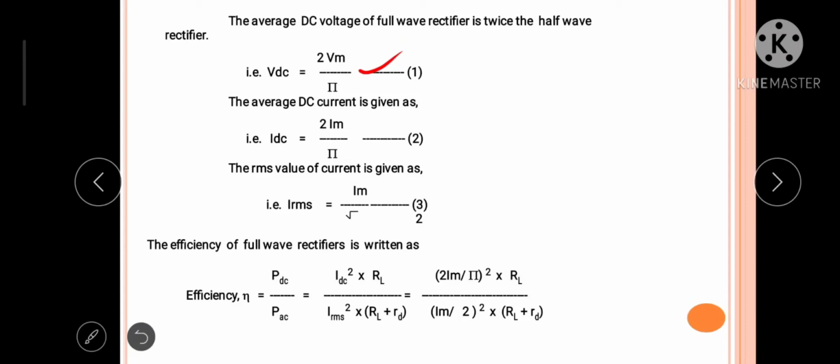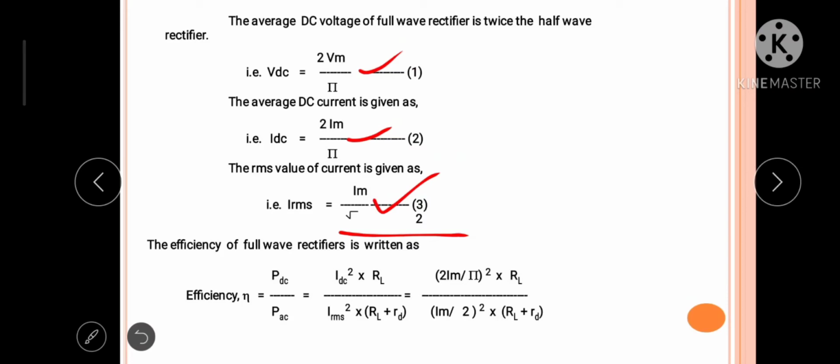Similarly, the average DC current is given as IDC equals twice Im upon pi. Let's take this as equation 2. And in the same way, the RMS value of current, also called AC equivalent current, is given as IRMS equals Im by root 2. Actually, this root 2 is somewhat misplaced due to mismatching of software on the laptop.